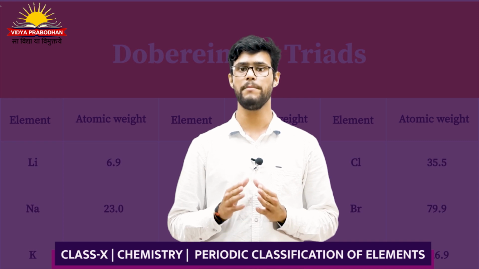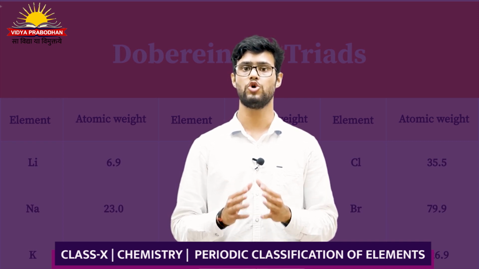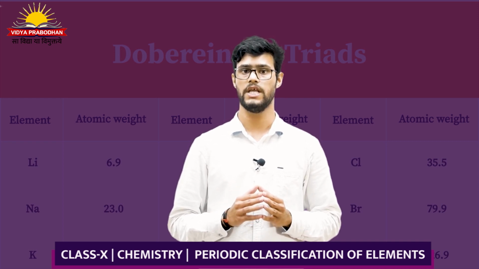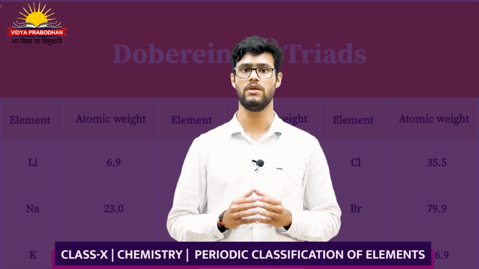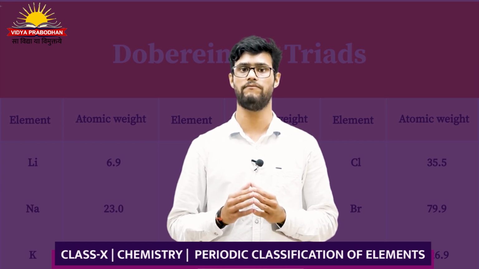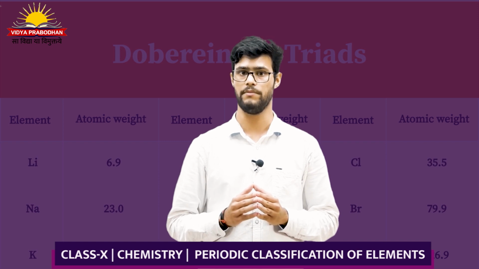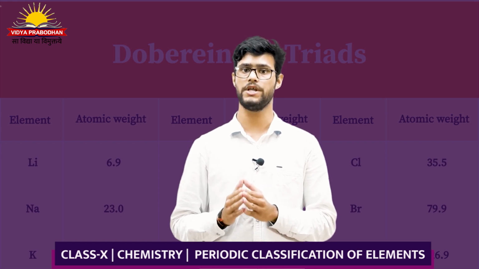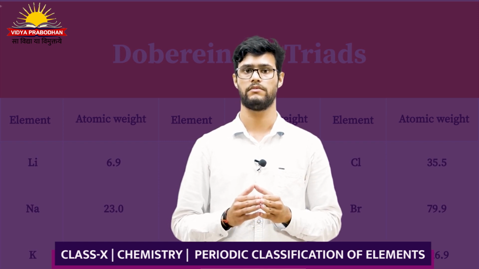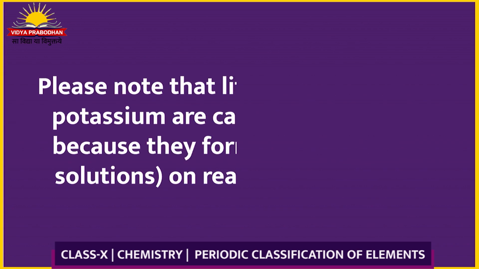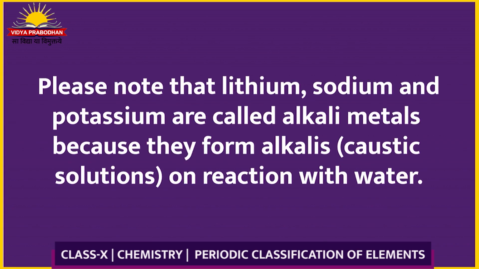Thus, the atomic mass of the middle element, sodium, is equal to the arithmetic mean of the atomic masses of the first and third elements, lithium and potassium. Please note that lithium, sodium and potassium are called alkali metals because they form alkalis, caustic solutions, on reaction with water.